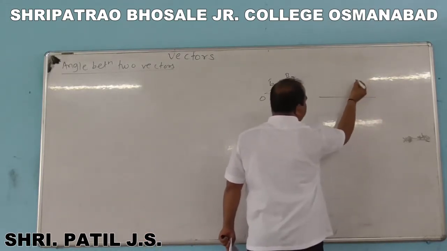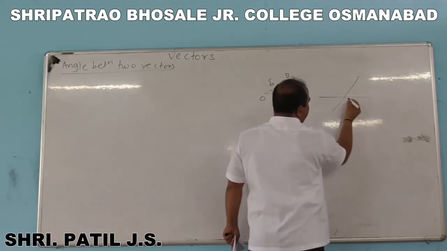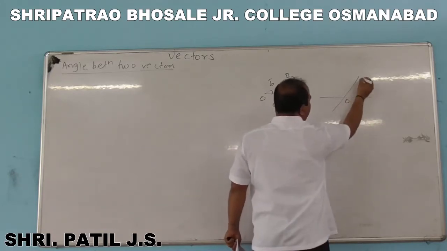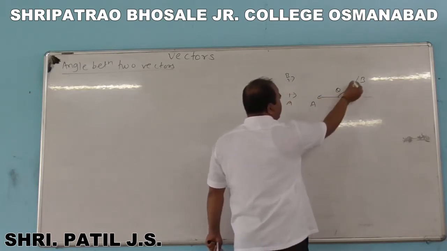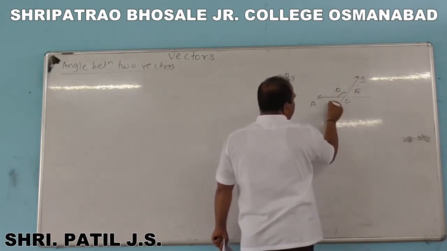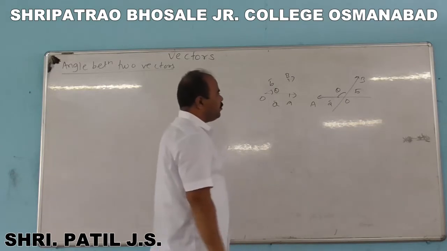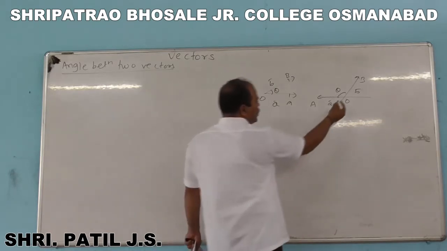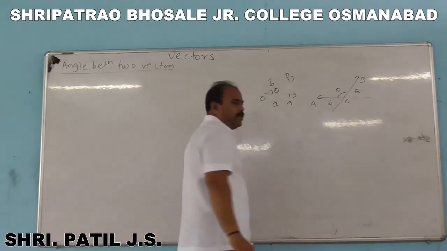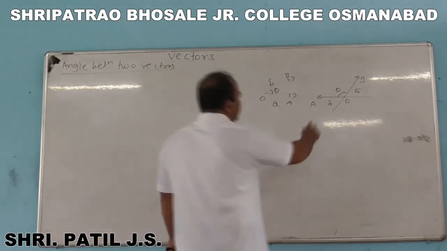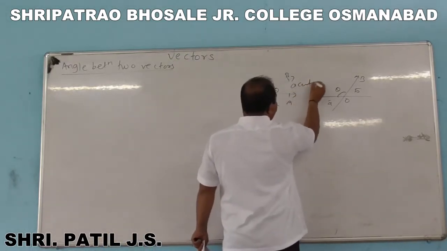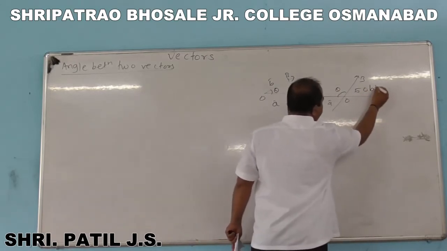Here O is the initial point and this point is common, that means they coincide. This angle is obtuse.